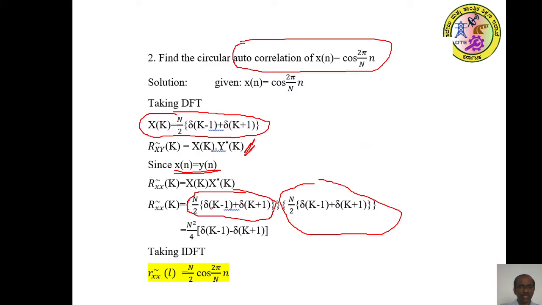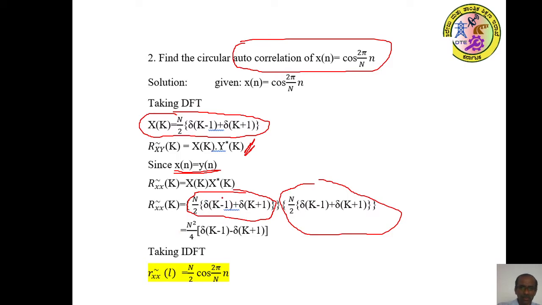First, try this. Delta k minus 1 multiplied with delta k minus 1 plus delta k plus 1. Split this as the (a plus b) and (c plus d) formula. Remove brackets, solve. Now let us multiply these two.